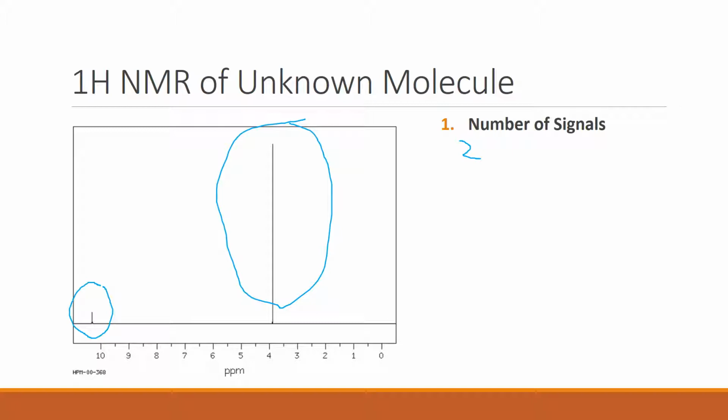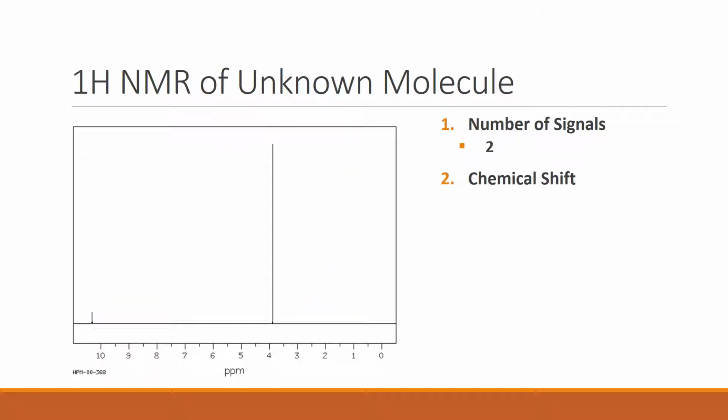Well, we don't know yet. We'll get to that with integration. But we do know that there are 2 peaks, which means 2 environments. Okay, and we clearly know that there must be more hydrogens in this environment than there are in this environment. But again, we'll get to that more later. So we know that there are 2 here. All right, so number of signals 2 equals 2 environments.